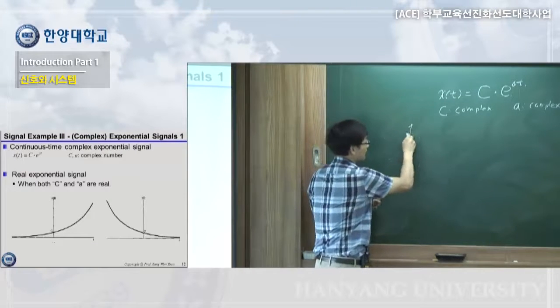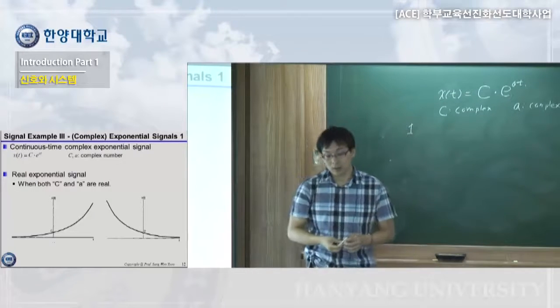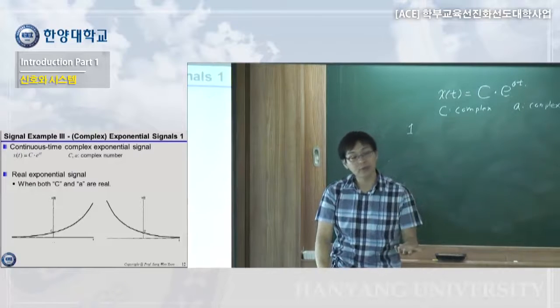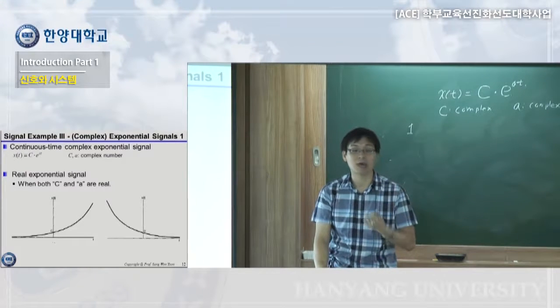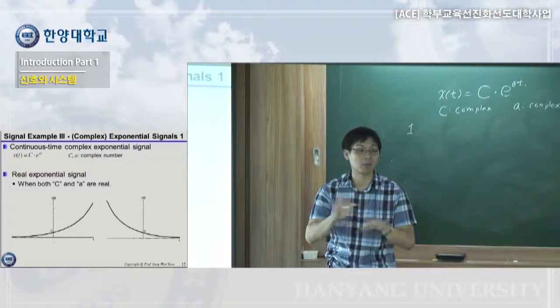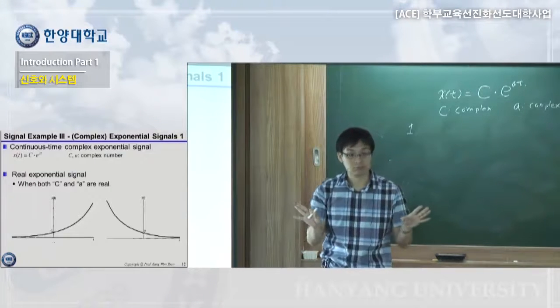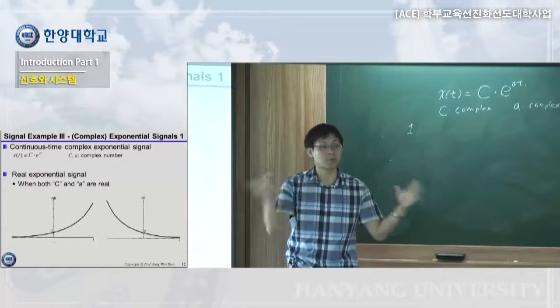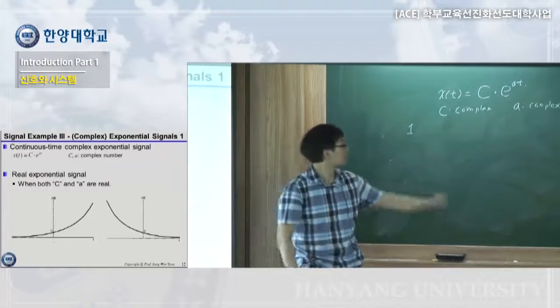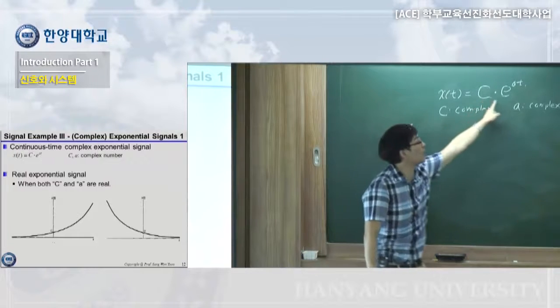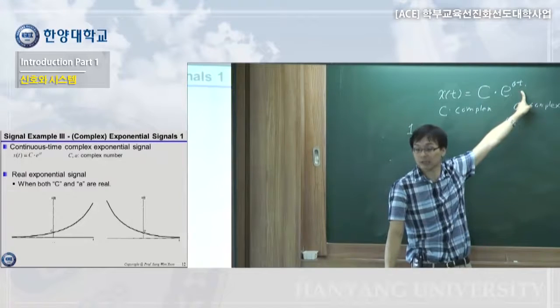First case, let's say both C and A are real. They don't have any imaginary part. Real number is part of a complex number, right? So we can define them as real. So say that this C and A are real. That's case number 1.